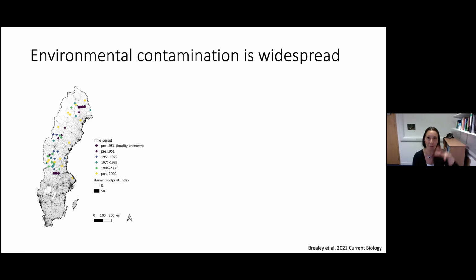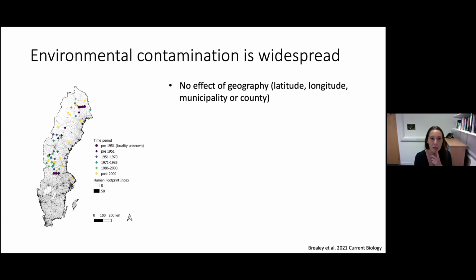That is a measure of the impact of humans on the environment that takes into account the density of roads, the density of human populations, agricultural and industrial landscapes, and so on and so forth. We wanted to know if bears that were collected close to human habitation or close to areas that are heavily impacted by humans would have higher antimicrobial load, because this is something that has been shown in other wild species. So first, we detected no effect of geography, latitude, longitude, municipality, or county.